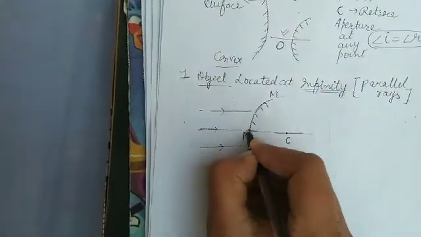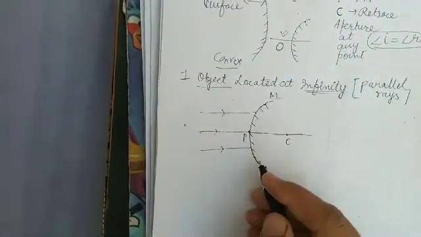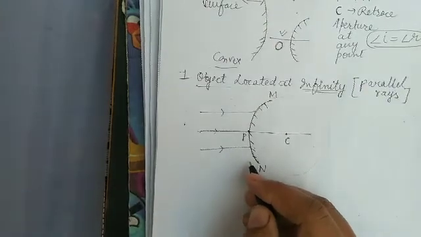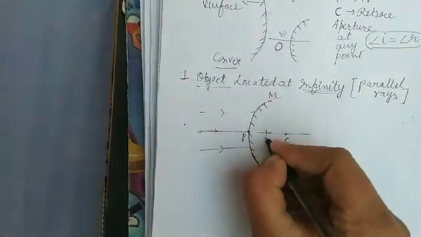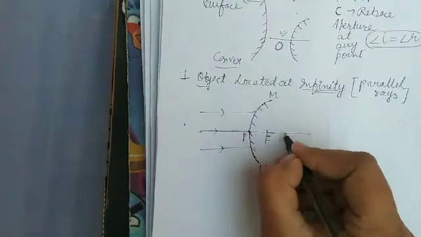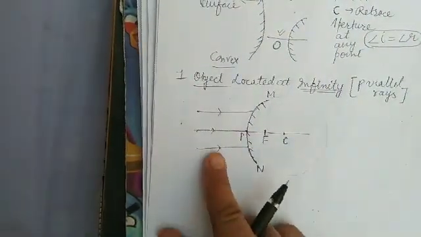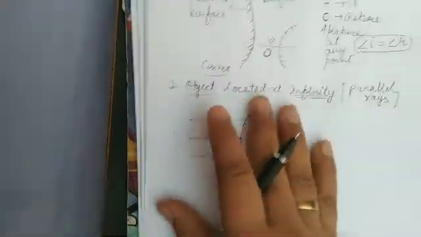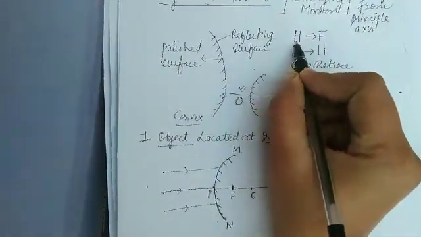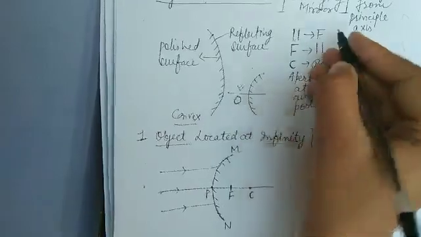These three are considered as incident rays. Now, as the rays are parallel to each other, in between P and C there is a point that is termed focus. Rays are parallel, so after reflection, following this rule, they would pass through the focus.